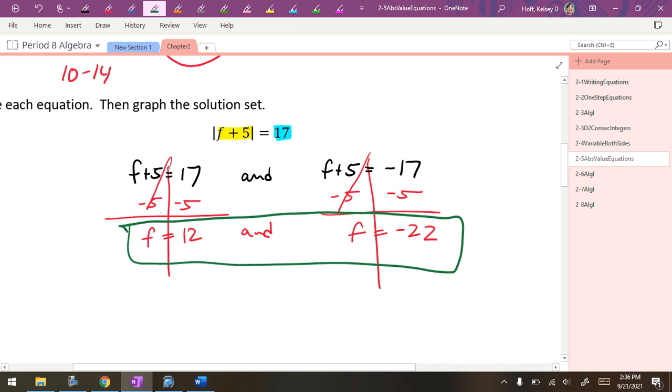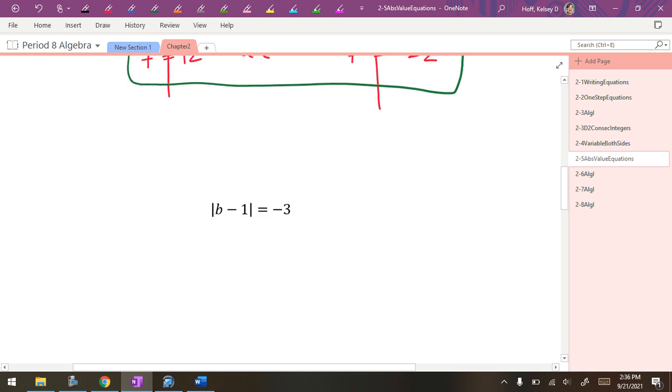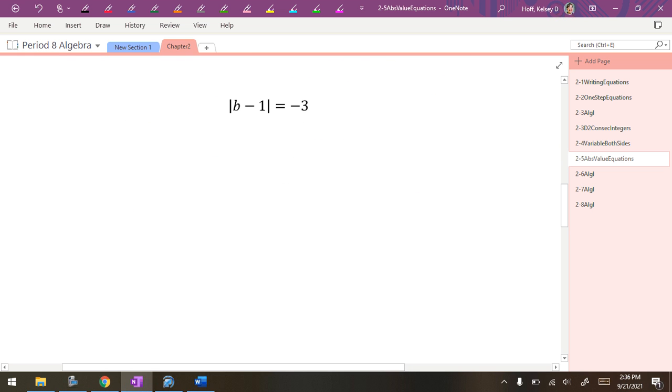All right, let's go to the next one. The absolute value of b minus 1 is equal to -3. Absolute value equations always have 2 answers, so we split it.